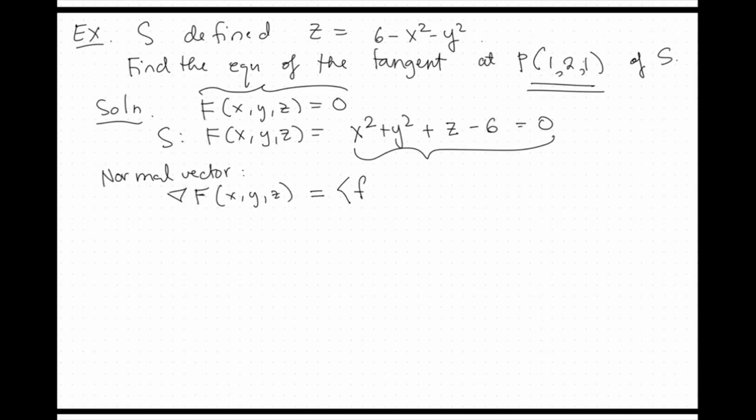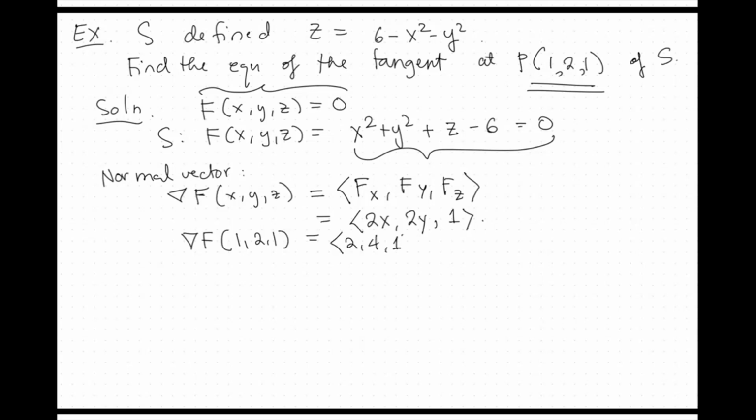So this is just F sub x, F sub y, F sub z, not small f but rather big F. We get the partial derivatives: with respect to x, we get 2x; with respect to y, we get 2y; and with respect to z, we get 1. Now, if you get the gradient at the point (1, 2, 1), you get (2, 4, 1). This is our normal vector.